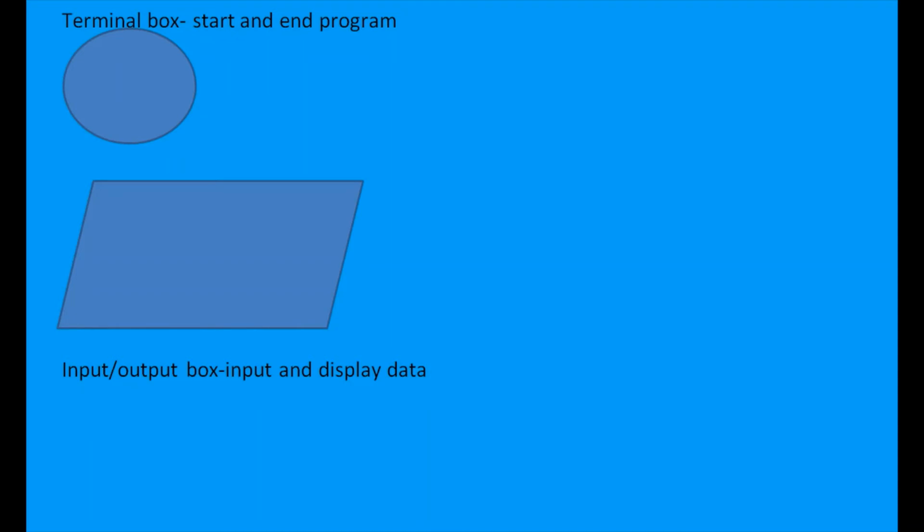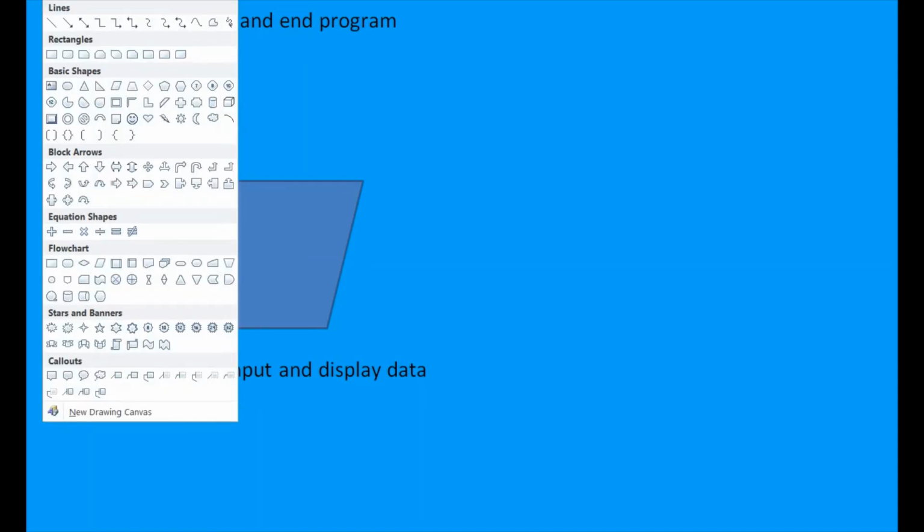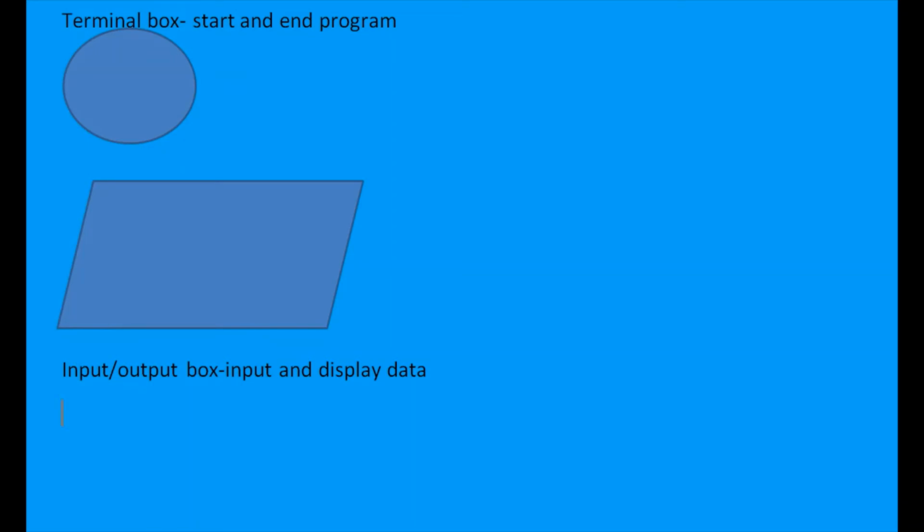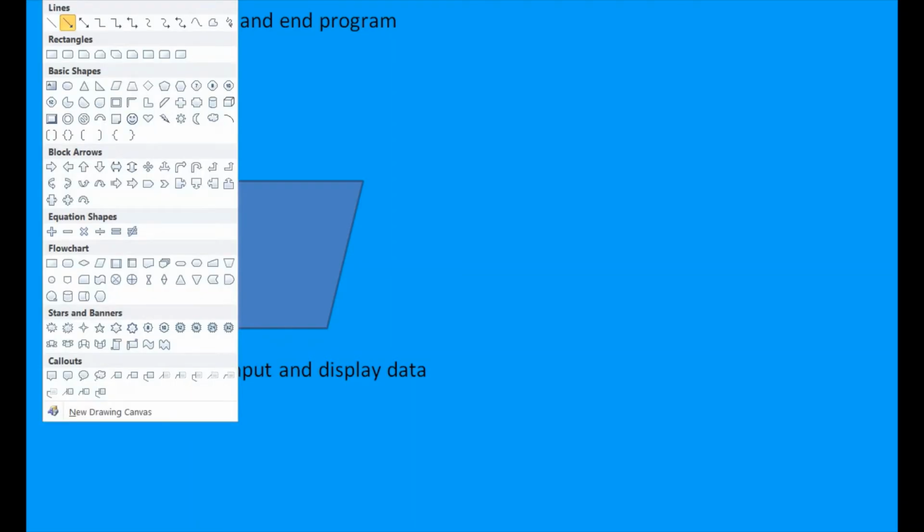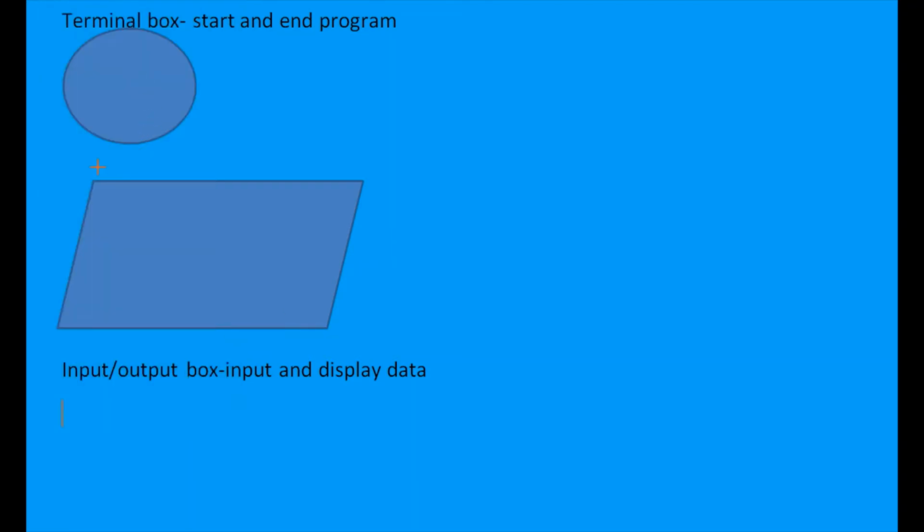Now the next one we have is a processing box, that is a rectangle. So here we just insert it. You can see I have inserted this.